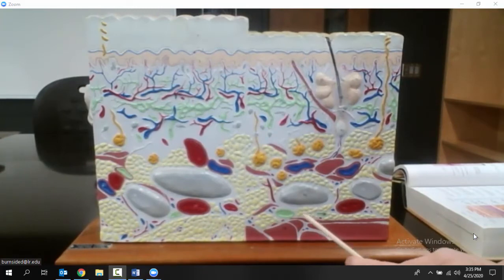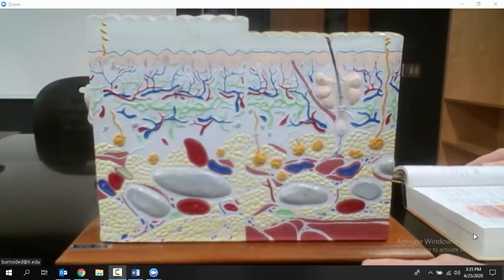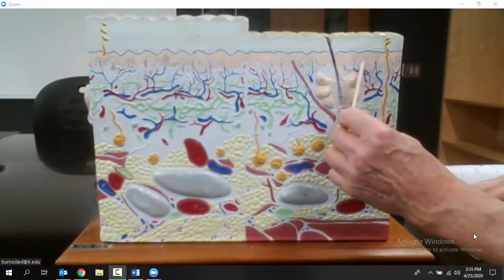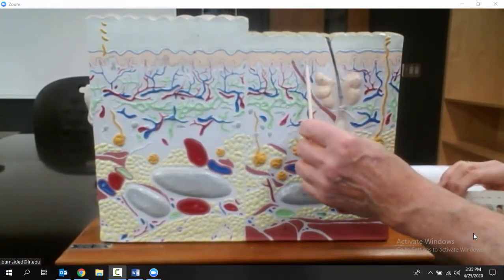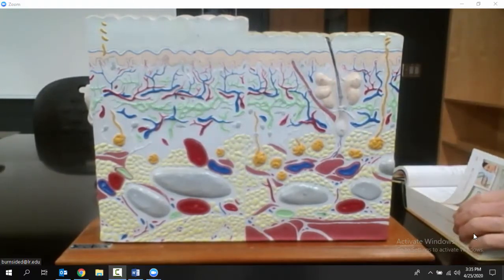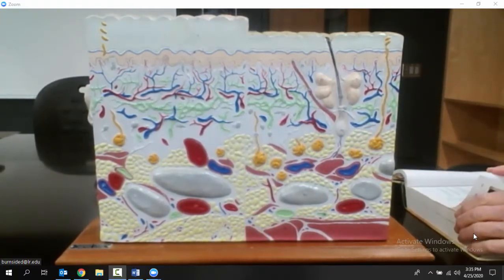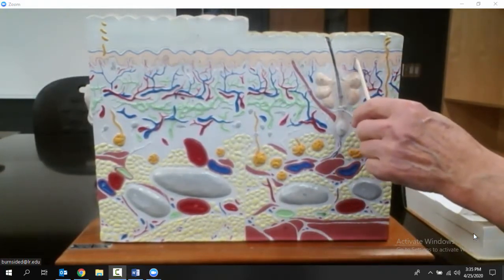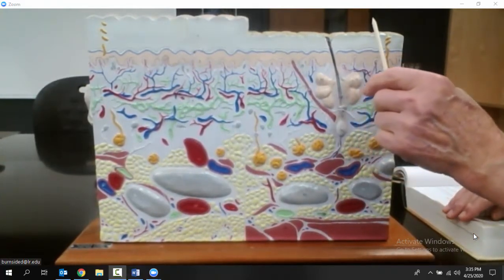Now the dermis is basically made up of the papillary layer. That's this upper part. See, it's like little fingers going into the dermis, and those little fingers are called dermal papillae.